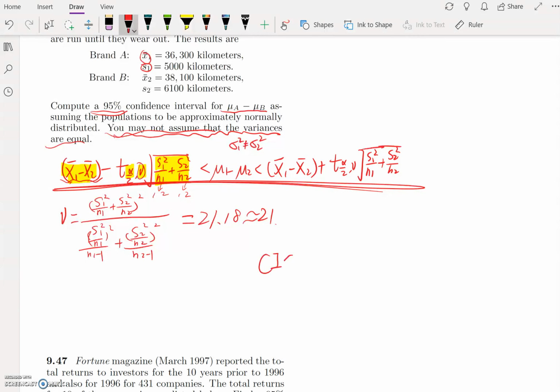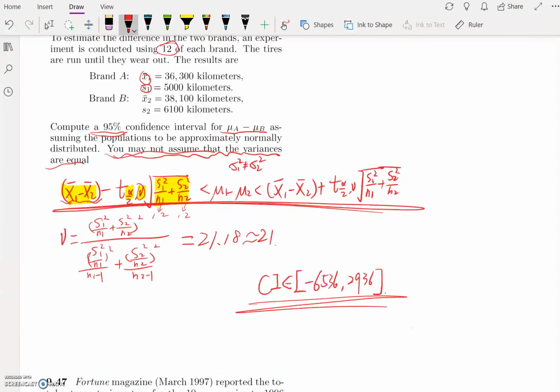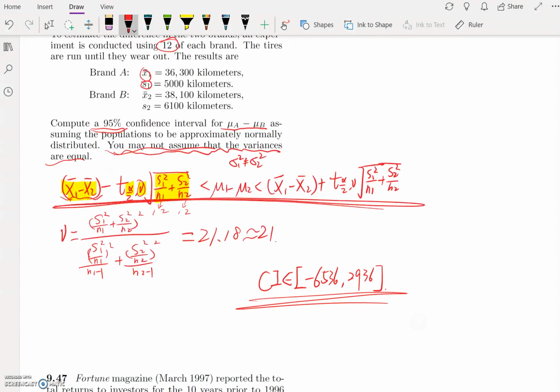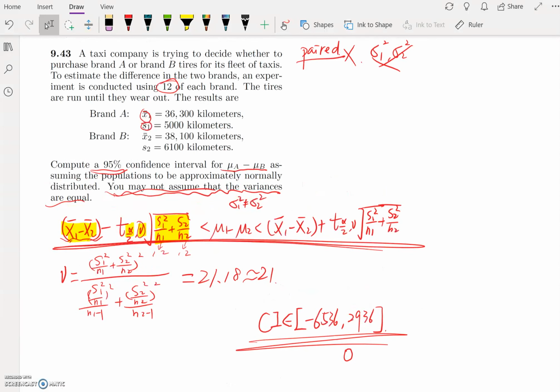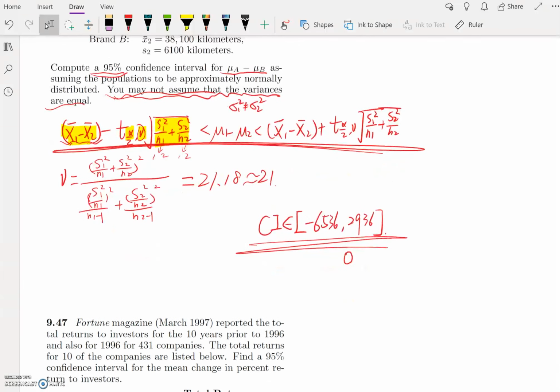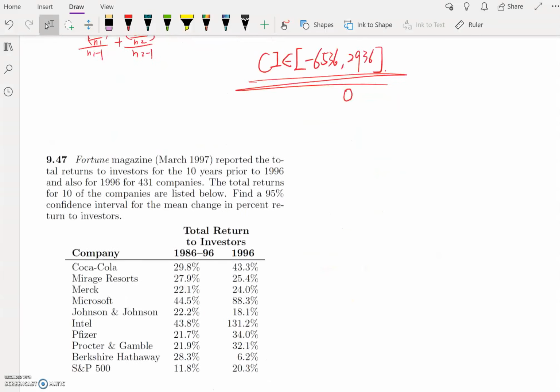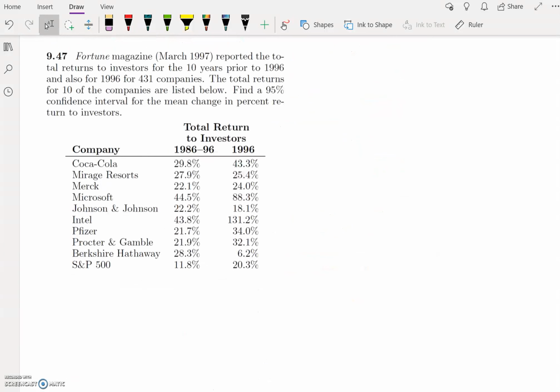The confidence interval for this problem is -6536 to 2936. Because this confidence interval contains 0, we cannot tell which one is better, brand A or brand B, for this problem.